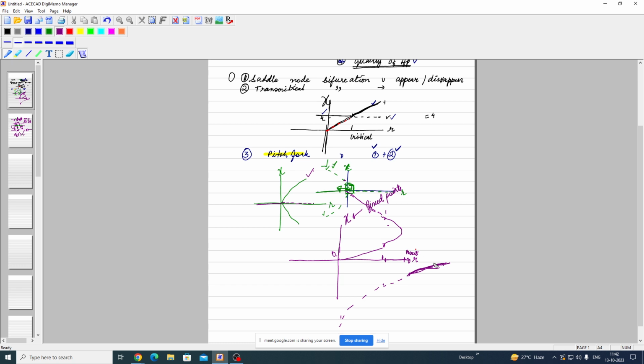So what's happening here is that there is a switch in stability, and also at the same time new fixed points are appearing. So this is an example of pitchfork bifurcation, but it doesn't look as neat and tidy as the pitchfork bifurcation in the green looks like, because the switch in stability is happening somewhere here, but the new fixed points are arising here, even though they are all happening at the same critical value of R critical.